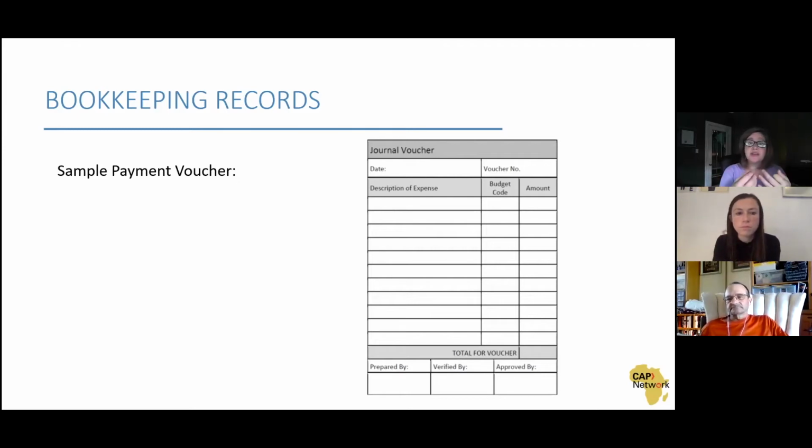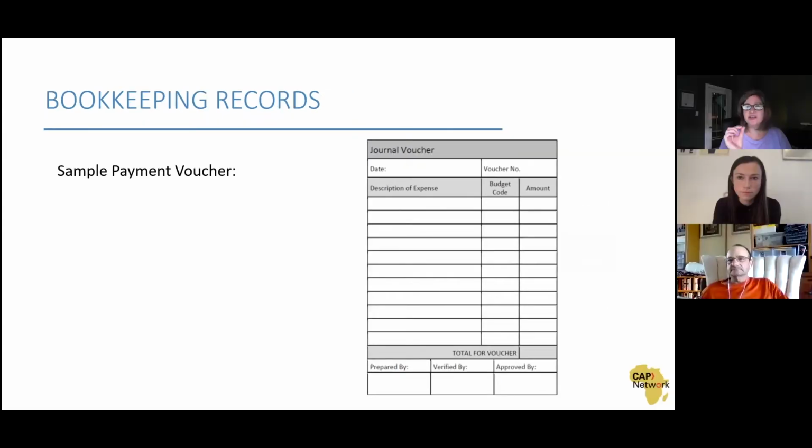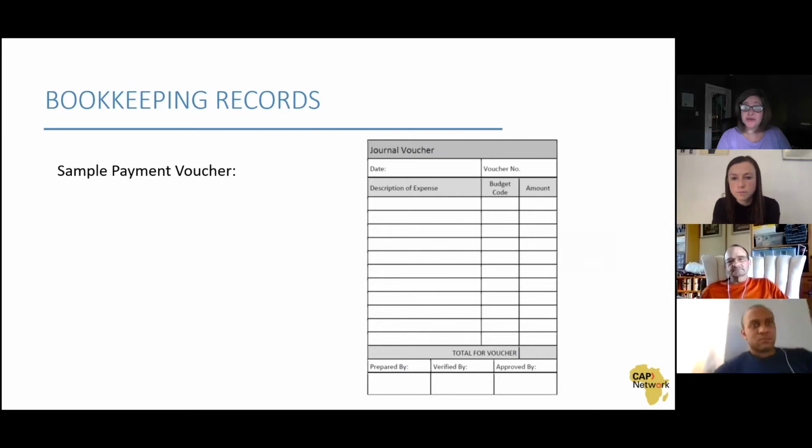So I do think that entering expenses in Excel is a good way of keeping a ledger, which is the overall running total and the running view of your expenses, but I don't think it's enough on its own. That said, if you want to do your vouchers in Excel and use digital signatures, if you have that capacity to use technology and do it all digitally, that's also totally fine.